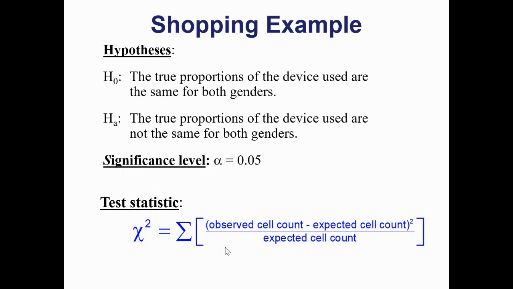They told us that significance level was 0.05. That's what they wanted us to test at. And then, yes, there's our formula for the test statistic. It's great and all, but they did all that for us.